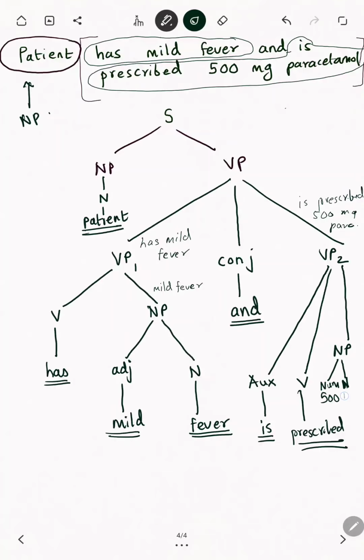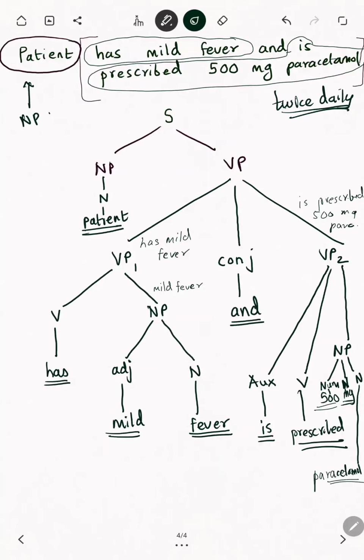So milligram will be a noun, and paracetamol will also be a noun. Now in addition to this, if we also have the frequency in which it is prescribed, that is, in addition to this simple sentence, if we additionally have twice daily.